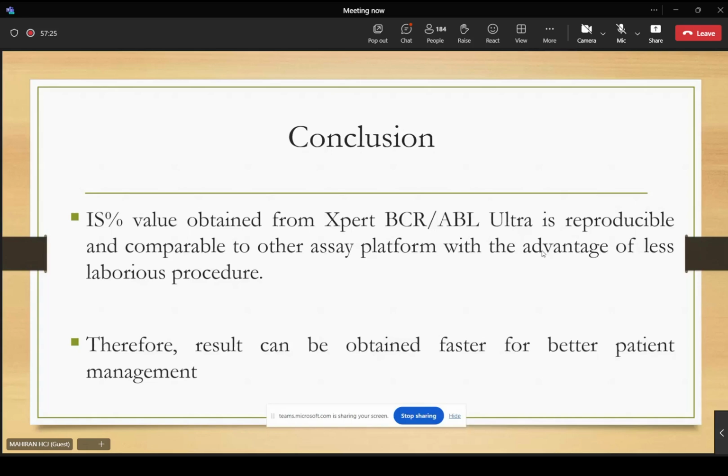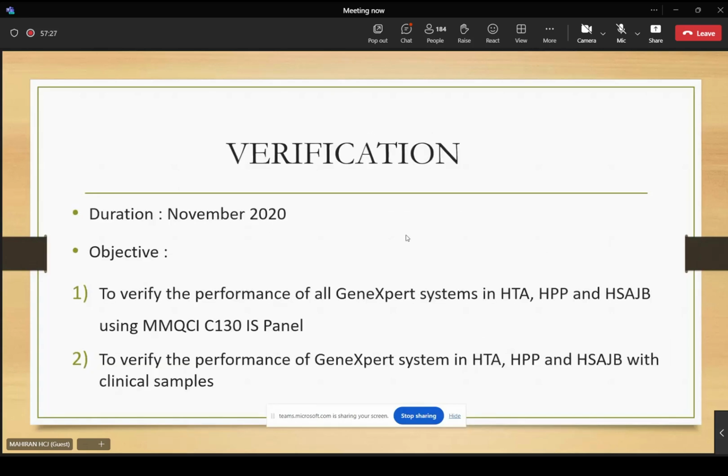Okay, seterusnya selepas evaluation PAS, tender telah dilaksanakan dan sebelum memulakan servis, verification telah dijalankan di 3 center yang terlibatlah iaitu HTA, HPP dan HSA-JB menggunakan MMQCI C130IS panel.